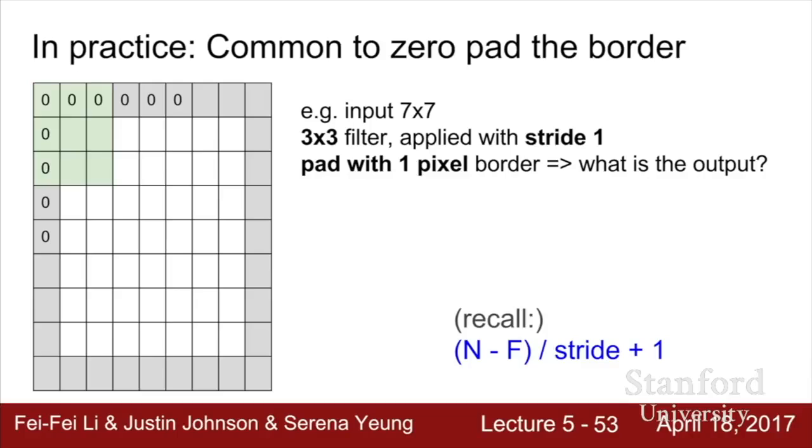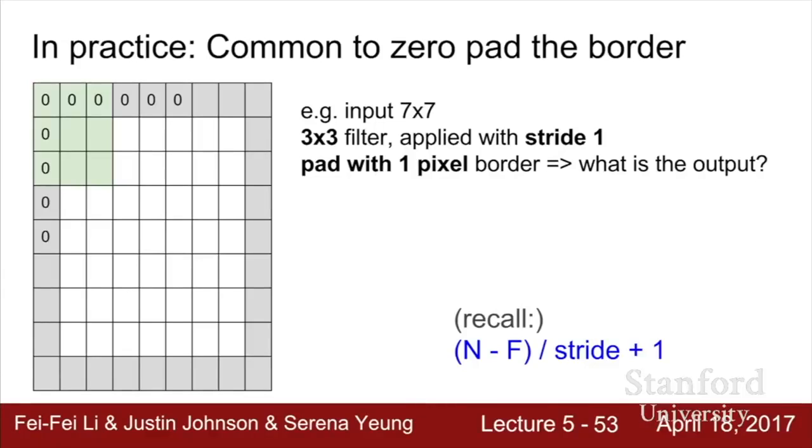Okay, so here's a question. Who can tell me, if I have my same input 7 by 7, 3 by 3 filter, slide 1, but now I pad with a 1 pixel border, what's the size of my output going to be? I heard some 6s, heard some 7s.